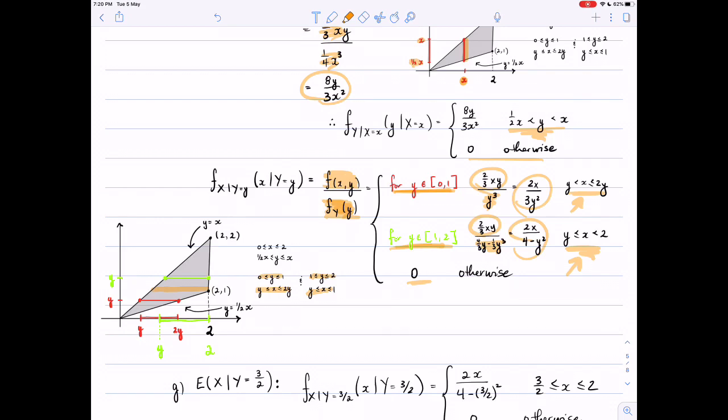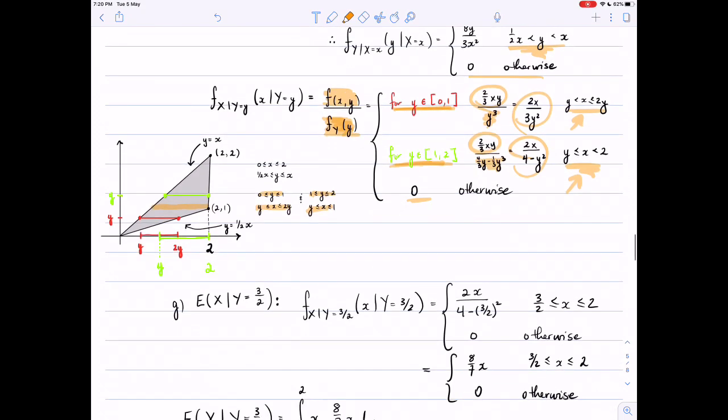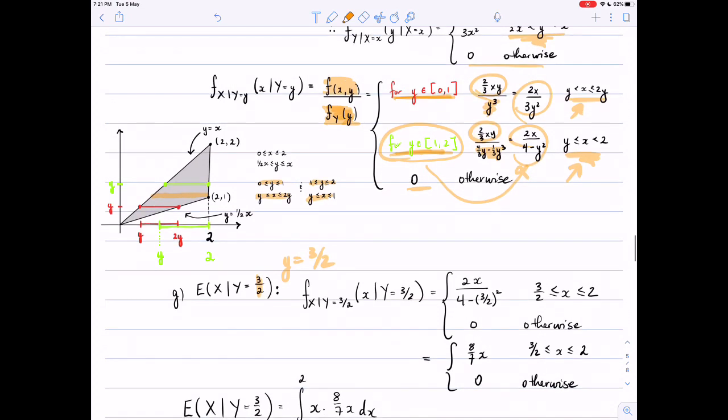Now that we have those, if we did want to use one, we could plug in y is 3/2. Well, 3/2 is in this interval, so I could use this function and get the appropriate conditional distribution of x given that y is 3/2.